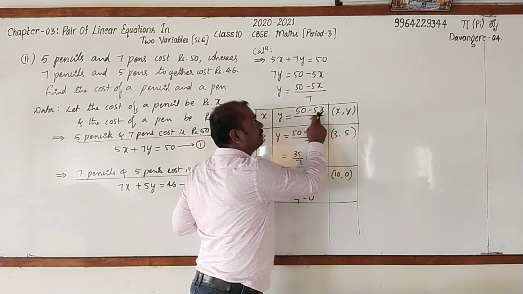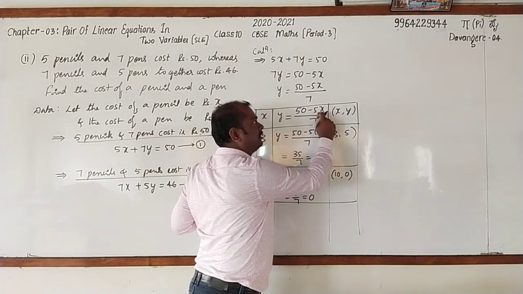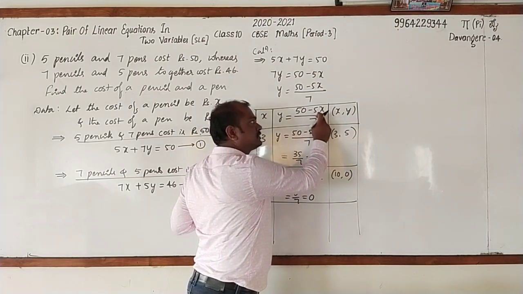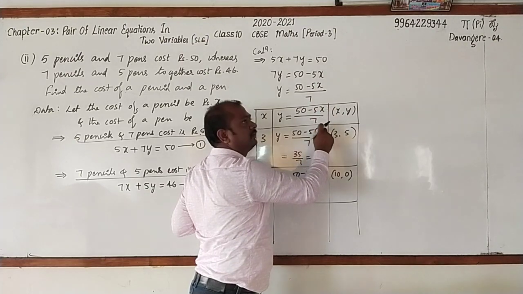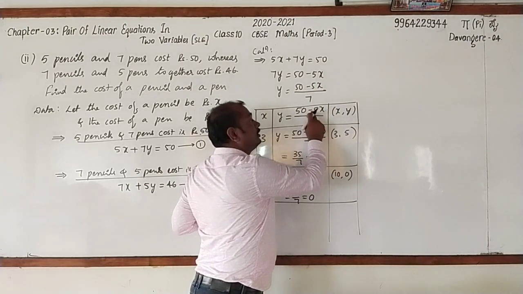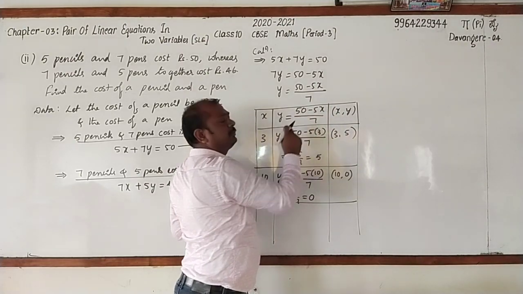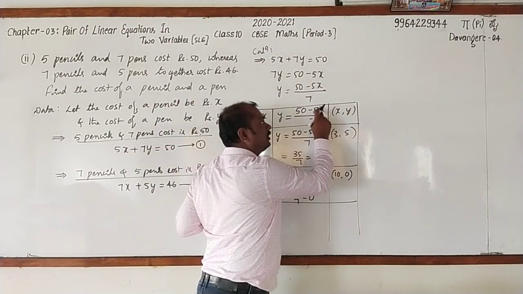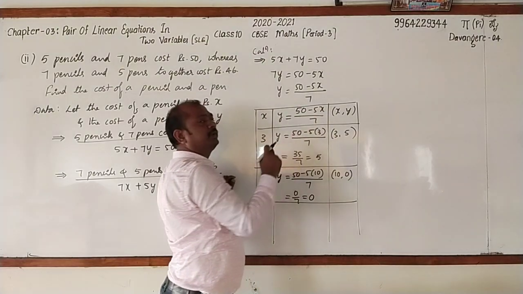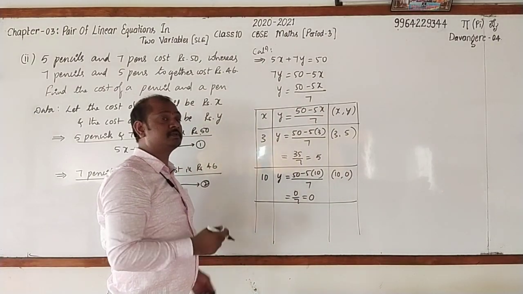Minus 1, it becomes 55, not divisible by 7. Minus 2, it becomes 60, will not work. Minus 3, it becomes 15, then 50 plus 15, 65, won't work. Then minus 4, 5 4s are 20. Then 50 plus 20, 70, which is divisible by 7.